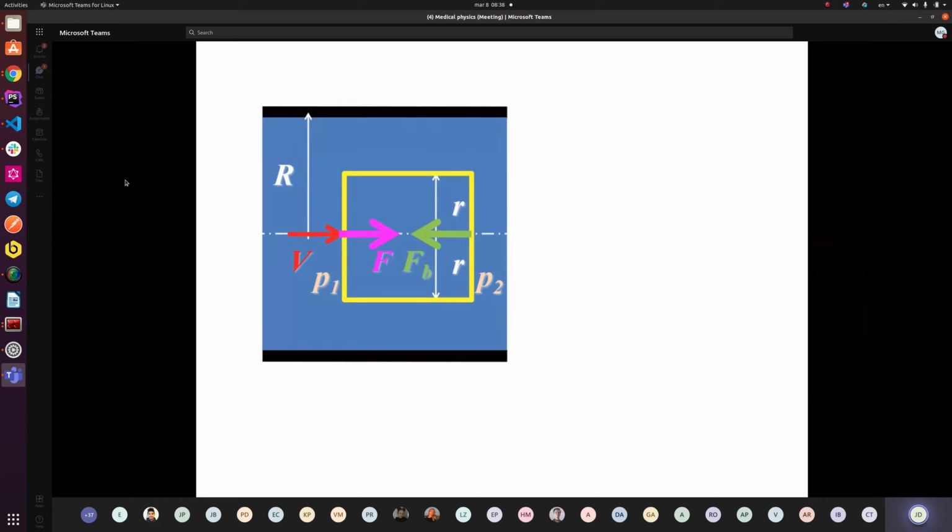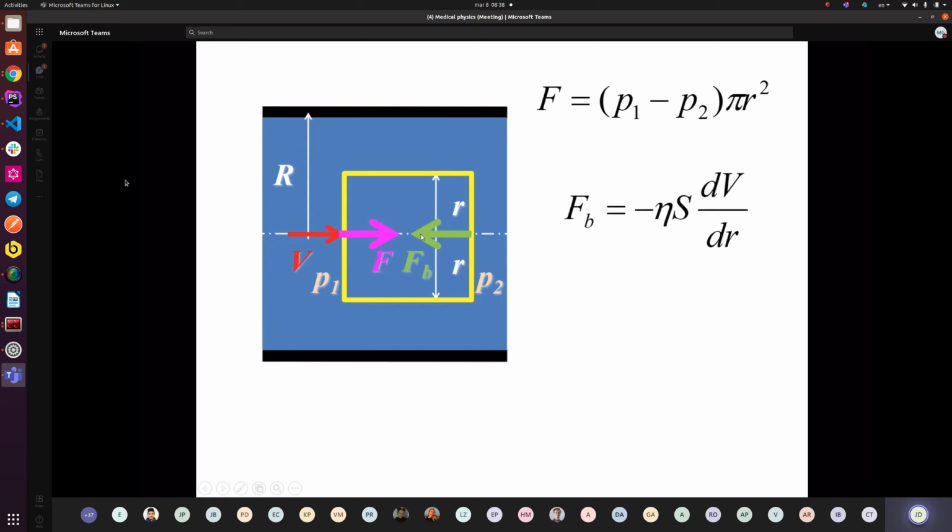And this is the friction force that works against the driving force F. The force F is definitely equal to the pressure difference P1 minus P2 with this area, pi r squared. This is the force, this one.